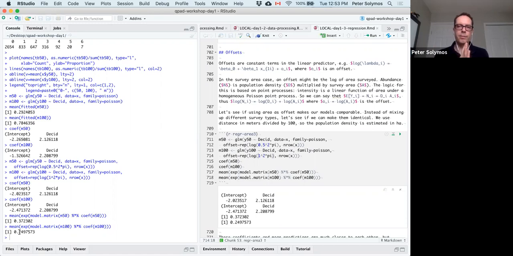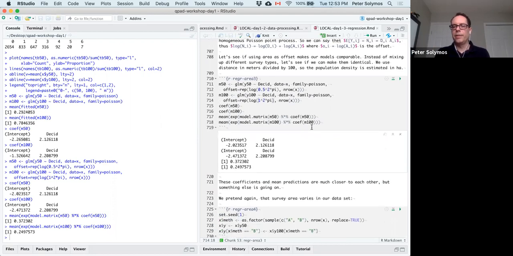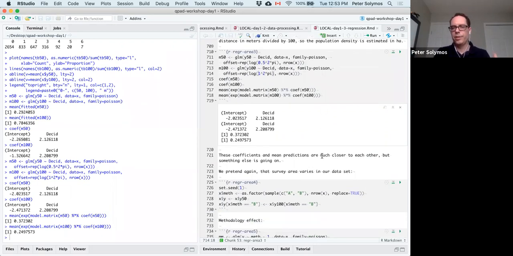And you might wonder why that is the case. On day 3, we are going to get the answer when we cover distance sampling. As the area increases, detectability is going to change with it, because the farther something is, the harder it gets to detect it, because we can't see or hear that far very well.